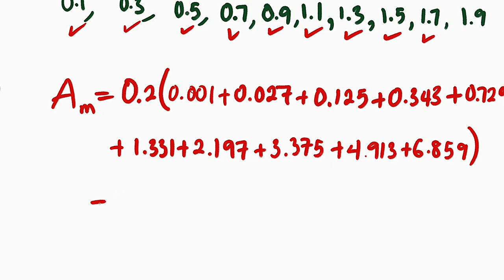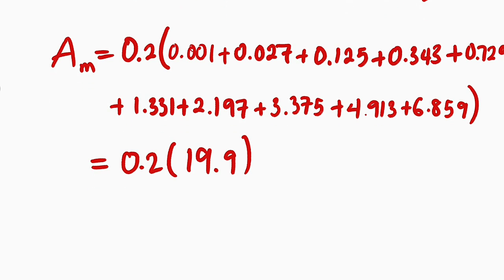And if you compute all of these, you're going to get 19.9. So we have 0.2 multiplied by 19.9. Let's multiply them together. We have 19.9 multiplied by 0.2. That will give us 3.98. So 3.98 is said to be the area when we take the midpoint.